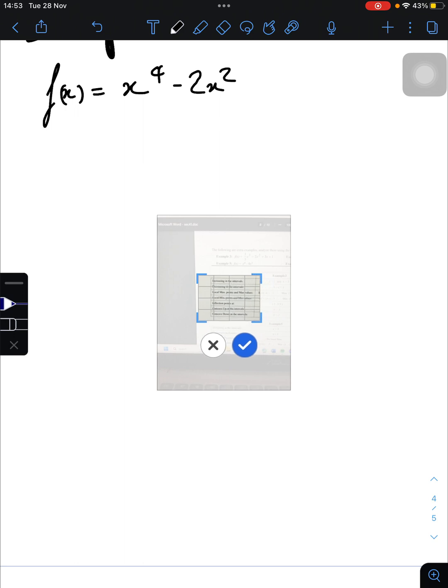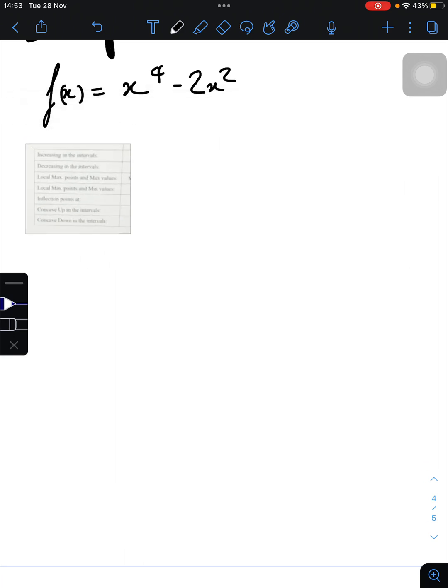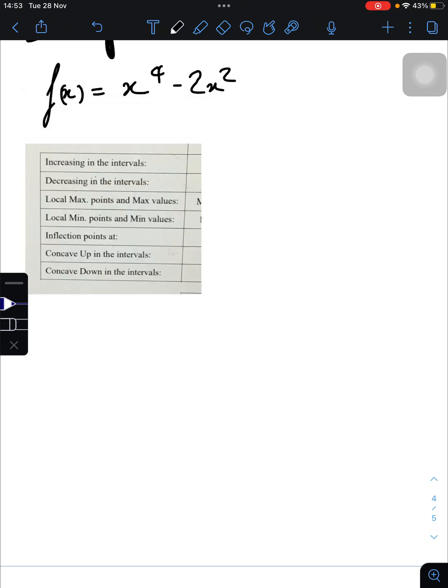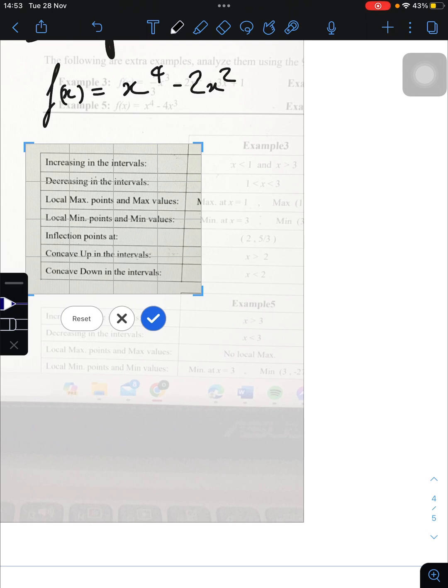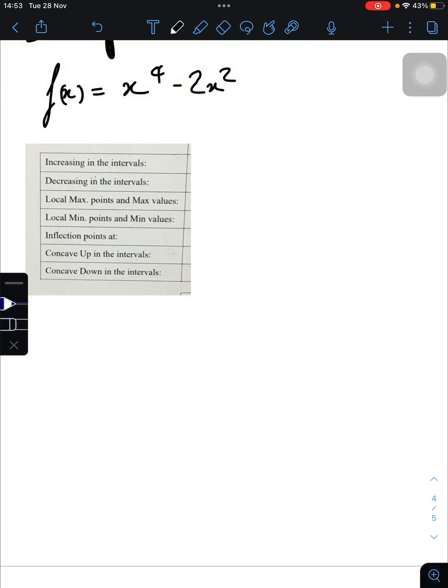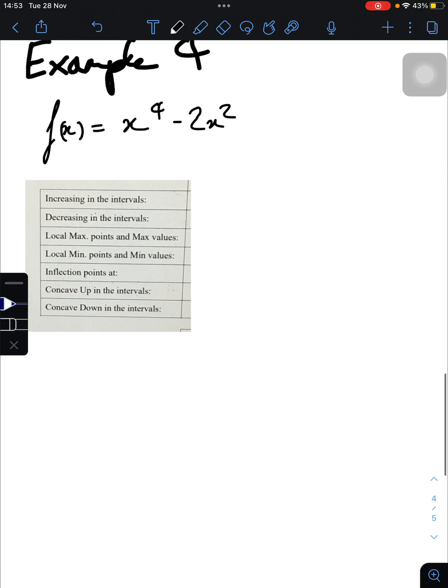So we're going to look at the increasing and decreasing intervals. We're going to look at the local minimum and local maximum points. And we're going to look at the inflection points and when those crop up by doing some of our rules. So step 1 that you're given on the sheet is that we have to differentiate to find our critical points.